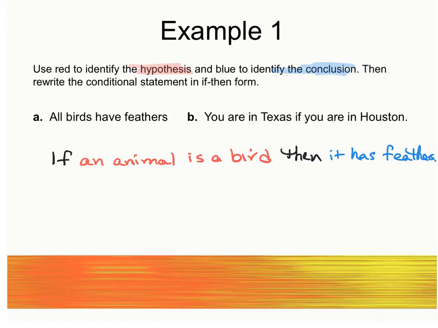So this is my hypothesis. This is my conclusion. The hypothesis does not include the word if. The conclusion does not include the word then. It's the words that follow those two keywords.